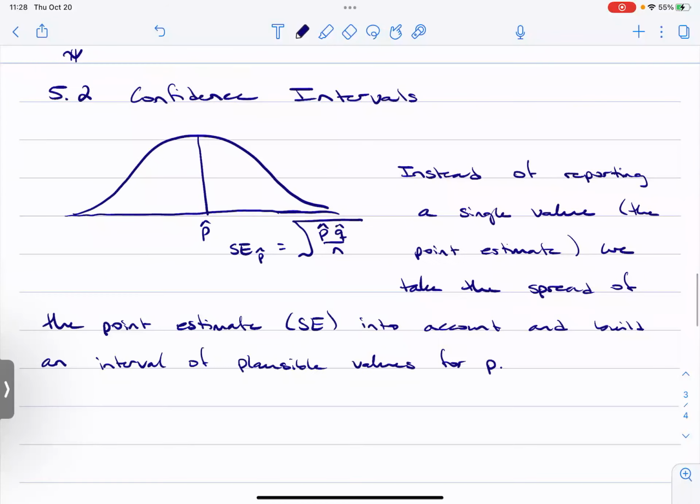So in terms of confidence intervals, our default confidence level is going to be 95%. What does that look like?